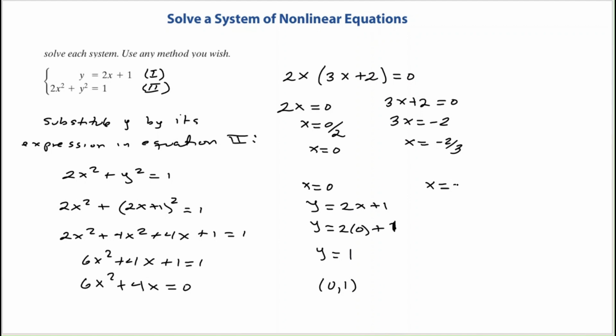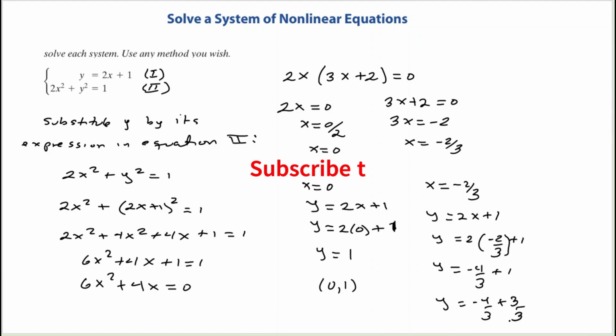Now when x is negative 2 over 3, y is equal to 2x plus 1. So we are just now substituting the values of x into equation 1, right? So y is equal to 2 times negative 2 over 3 plus 1. y is equal to negative 4 over 3 plus 1. I will express 1 as 3 over 3. So y is equal to negative 4 over 3 plus 3 over 3 to be able to add the fractions.